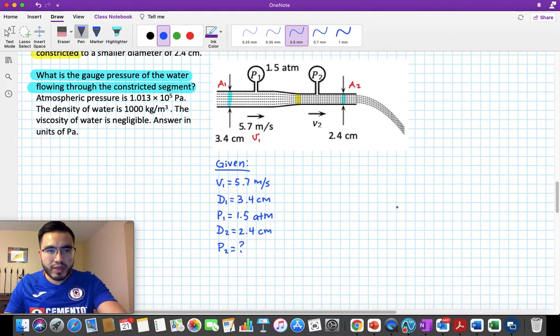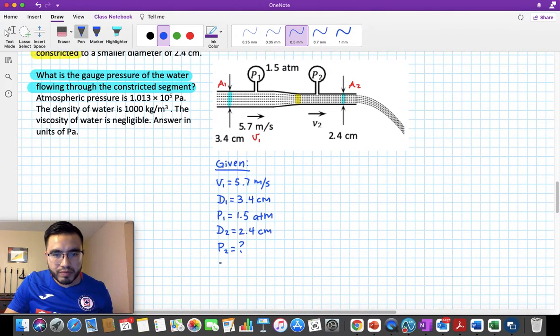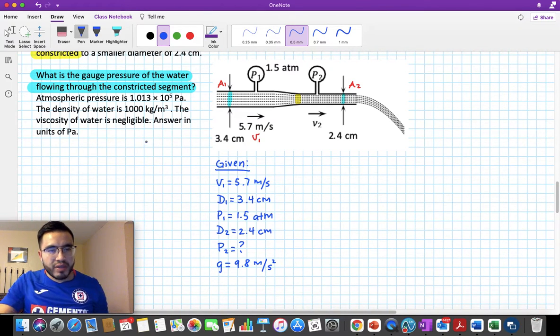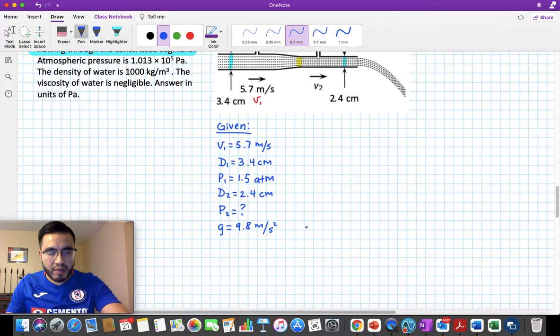Well, we know that the acceleration due to gravity is 9.8 meters per second squared. I meant to give you a conversion factor, but I just left it as atmospheric pressure is 1.013 times 10 to the fifth pascals. So I'm just going to give you that one right now.